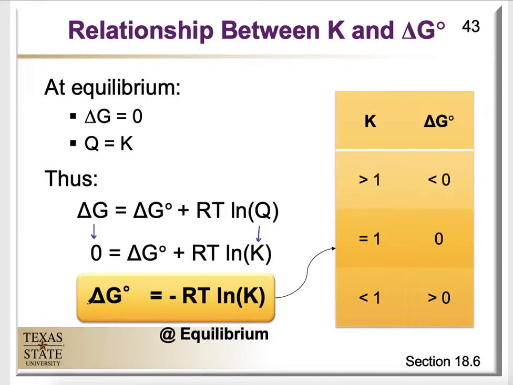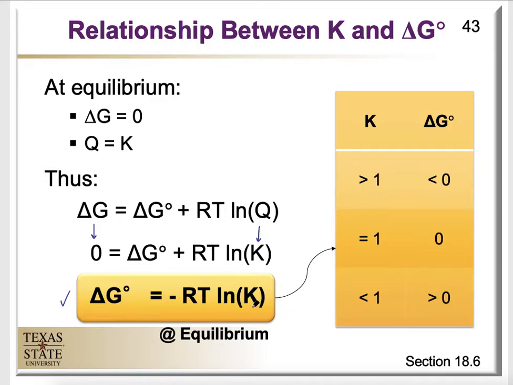So this equation right here is really important because it allows us to predict the spontaneity of a system by utilizing the equilibrium constant for that particular reaction. That equilibrium constant could be that for any reaction. It could be a Ka for an acid dissociation.